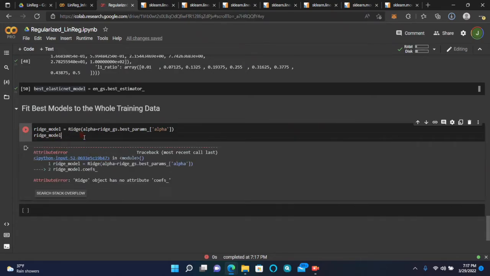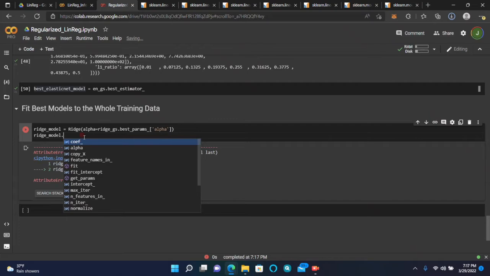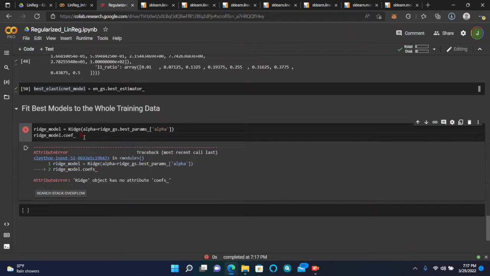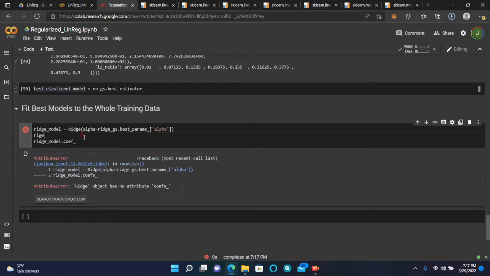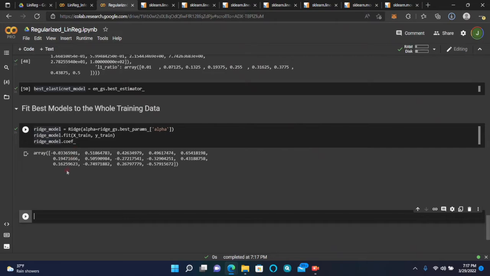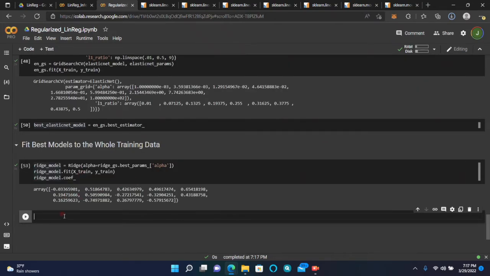Okay. Knew I wasn't crazy. Oh, I forgot to fit it. That's what's up. Ridge model.fit to the entire thing, X_train and y_train. Have a look at these coefficients here.